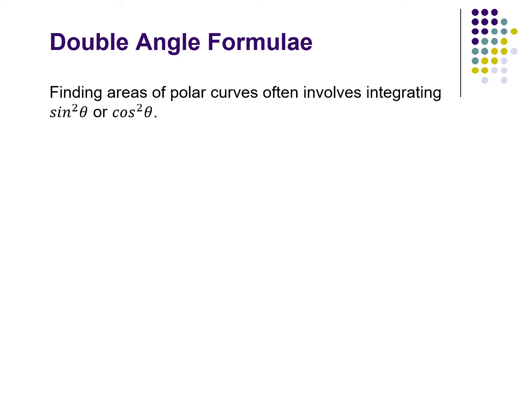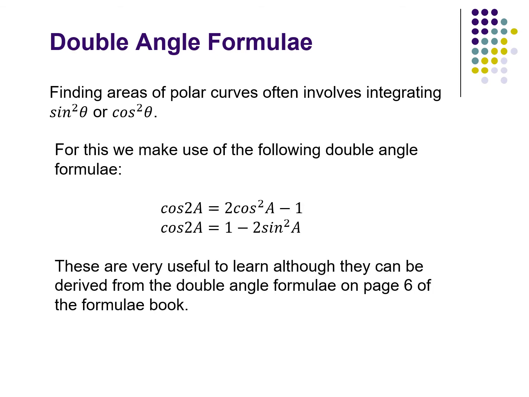Again, this will be something you do in standard maths later on, so it's good for you to be practicing it now. When we integrate sine squared or cos squared, we make use of the double angle formula. They're both double angle formulae for cos. The first one is cos 2a equals 2 cos squared a minus 1.